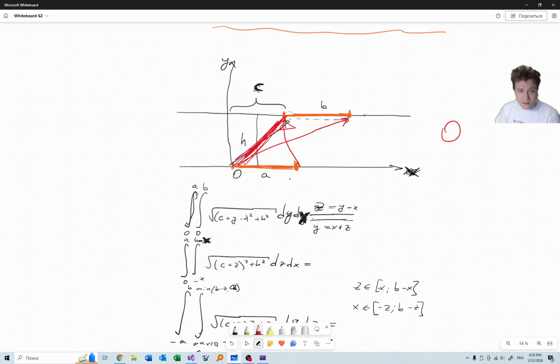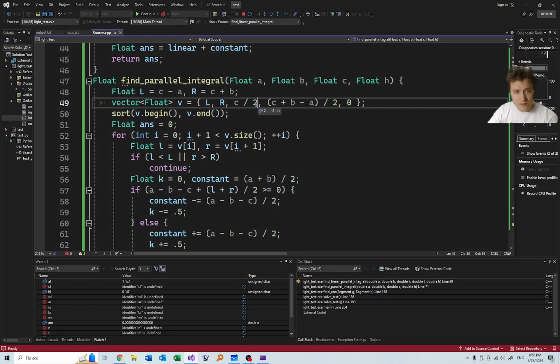So just C and C plus B minus A. Yeah, so we just need to not divide.